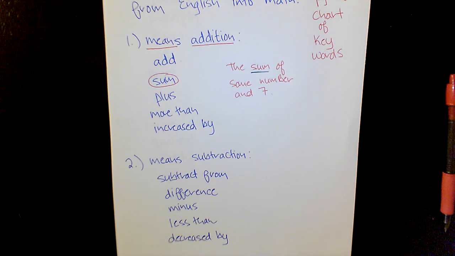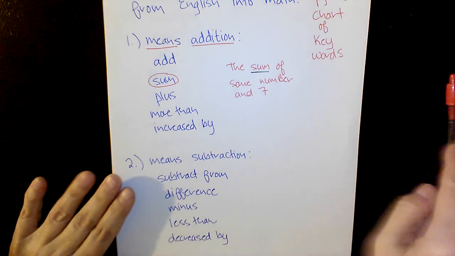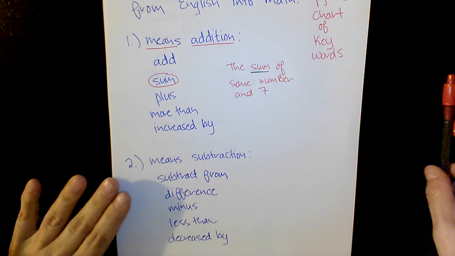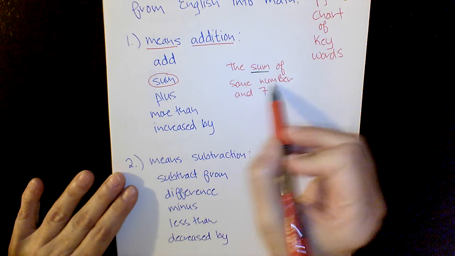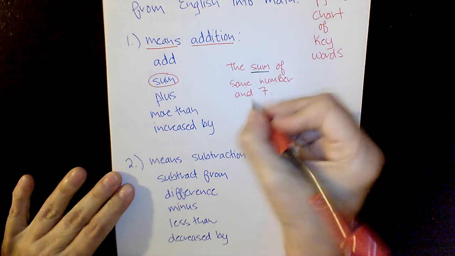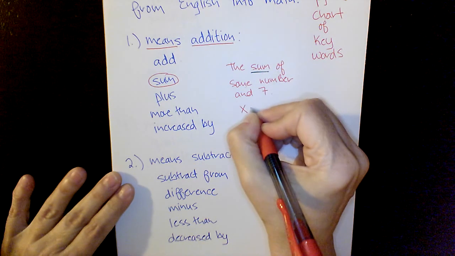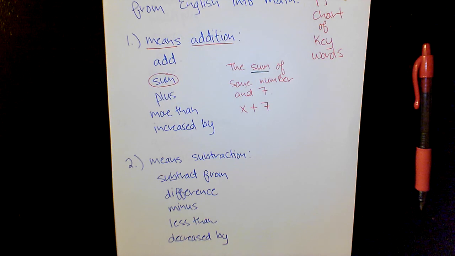Usually it's X or Y. We're adding some number and 7, so it's X plus 7, and we're done.